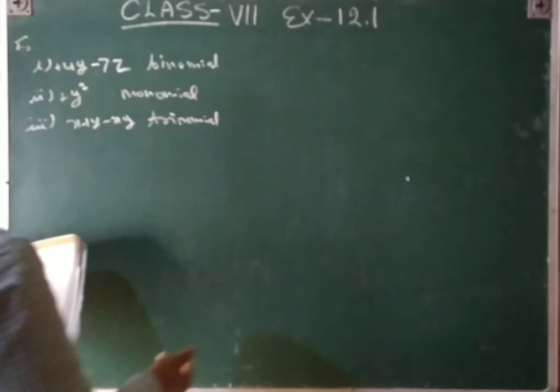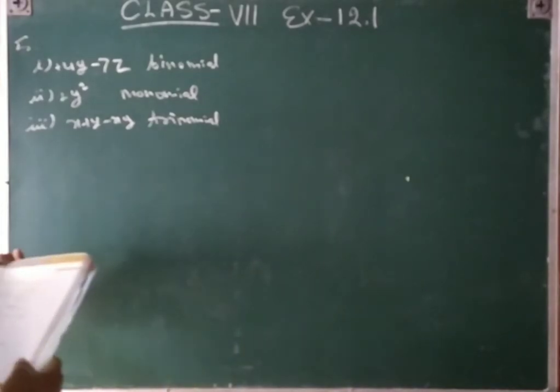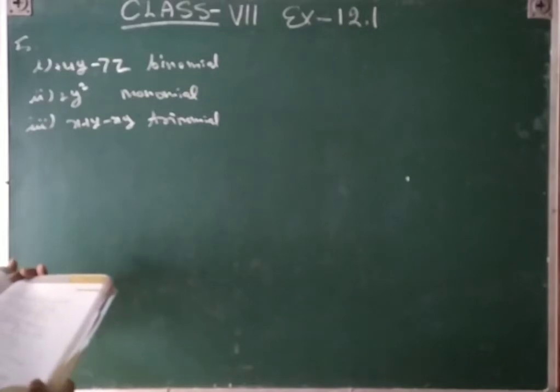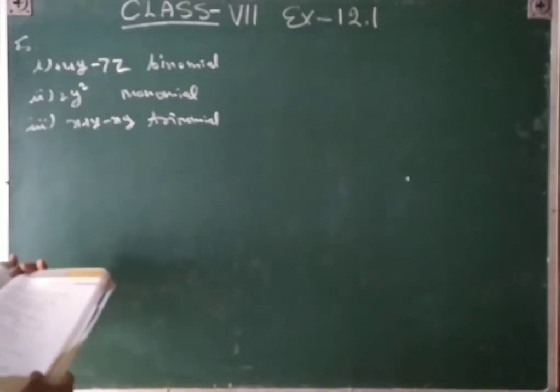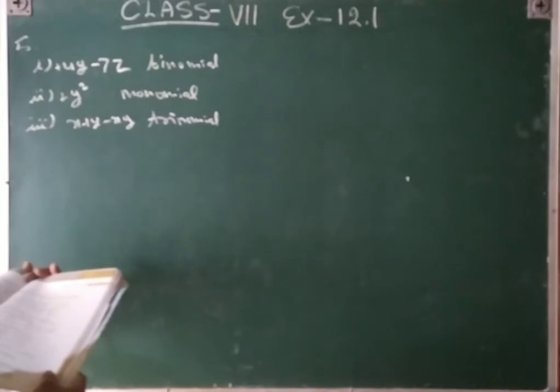Okay, and then the other parts you can do easily, no problem. And then 100 has only one sign, so that is a monomial. And then the fifth part has three signs, so it is a trinomial. Sixth part has two signs, that is a binomial. And then the seventh part, two signs are there, so that is a binomial. Eighth part only one sign, that is a monomial.